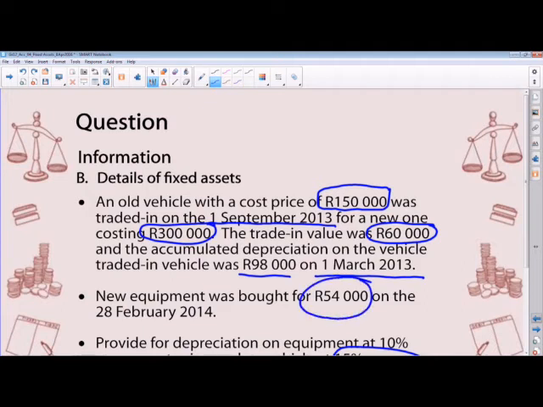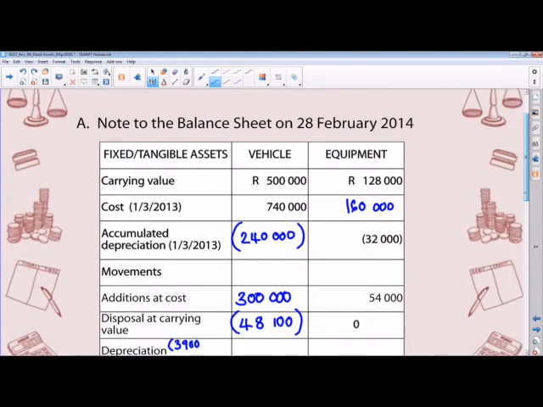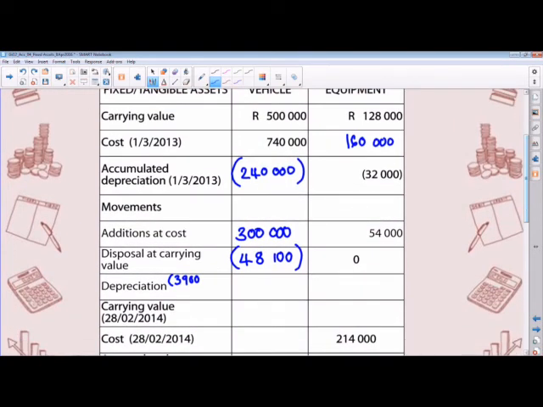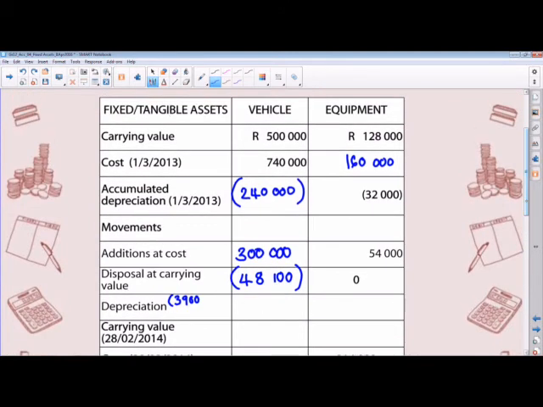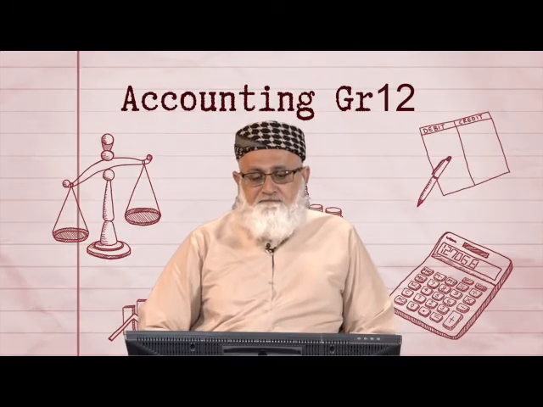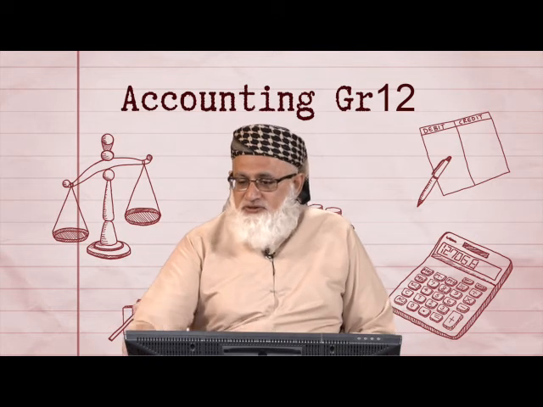That figure you did not have to slot in. It was given to you in your answer book. But let's assume that figure was not there. You would then insert the 54,000 as your equipment that has been purchased. Notice additions at cost. What did I purchase during my financial year? Right.